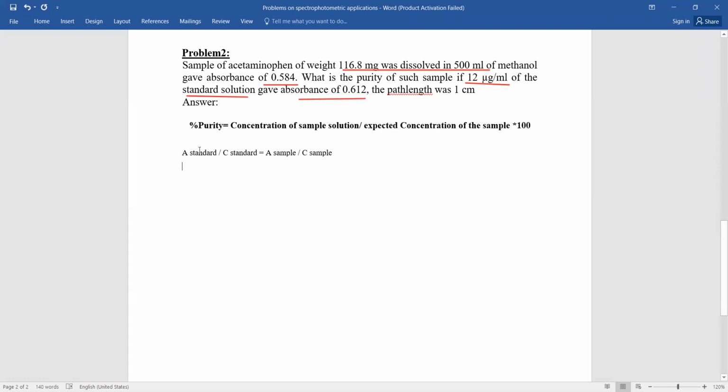We have the absorbance of the standard is 0.612, and the concentration of the standard is 12 microgram per milli.